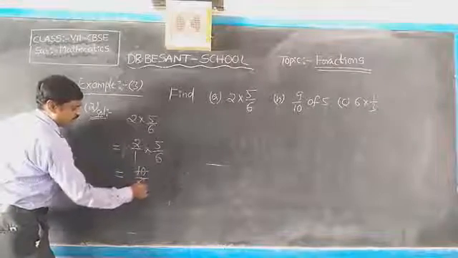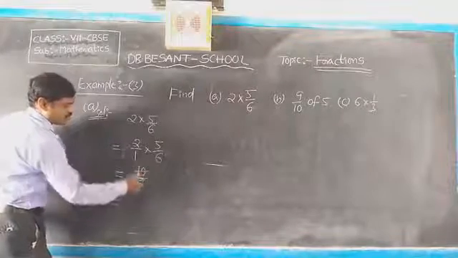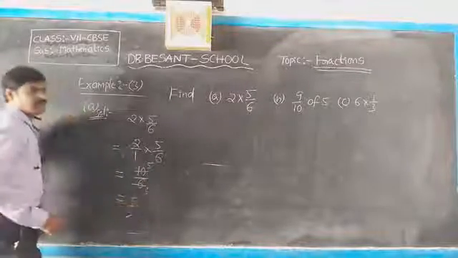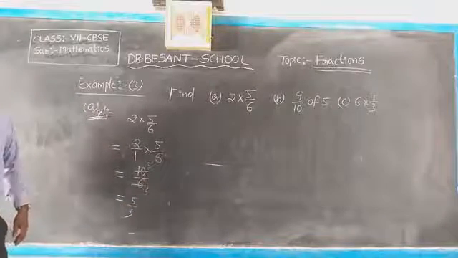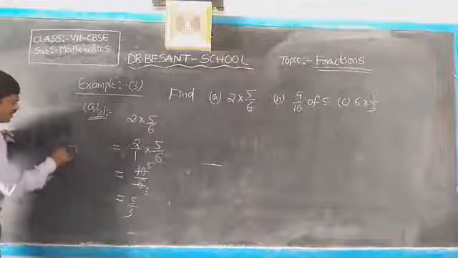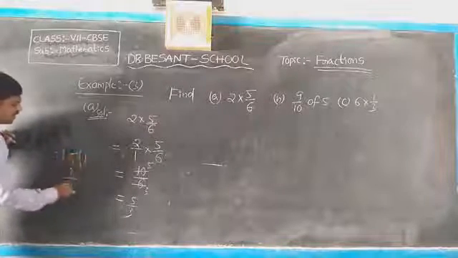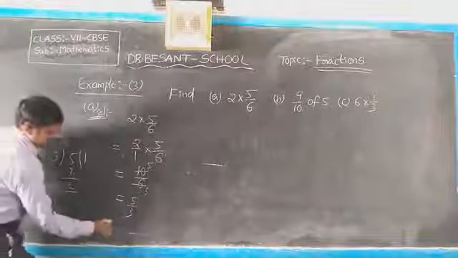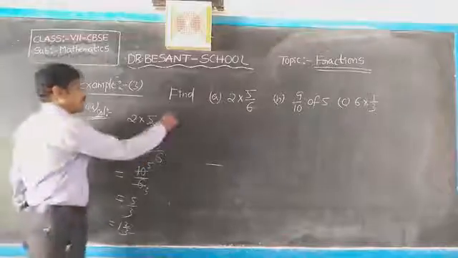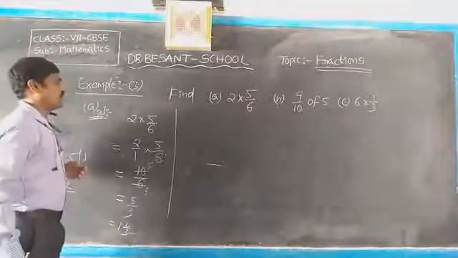Then simplify. 2 5s are 10, 2 3s are 6. So the answer is 5 by 3. 5 by 3, 3 1s are 3, so 1 and 2 by 3. Okay, so this is one method.